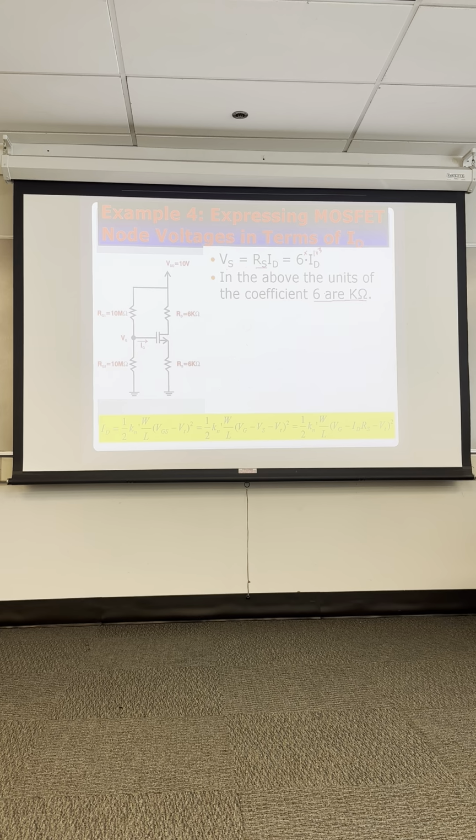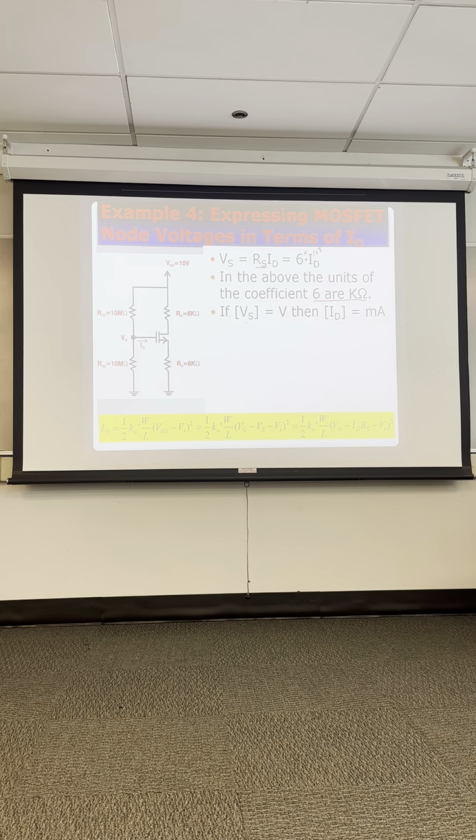The shorthand in grading has to be interpreted. So you want to avoid interpretation of your work. You want to define exactly what you mean in your result. So if the source voltage is in volts and I sub D is in milliamps, again this is taking a shorthand.